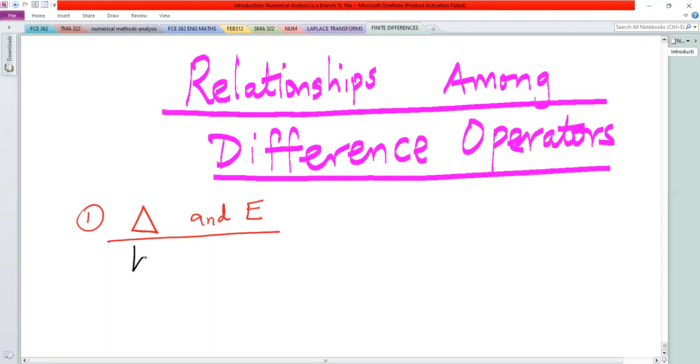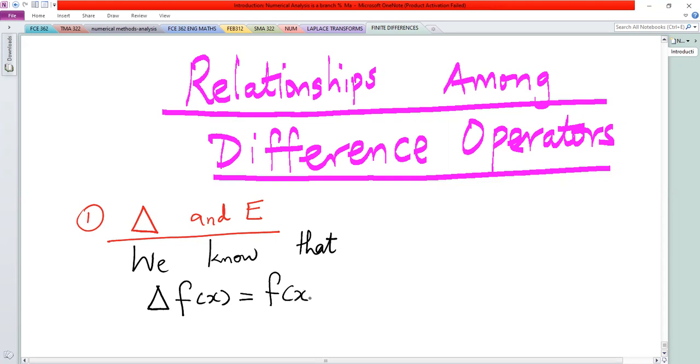So we know that the forward operator of f of x is given by f of x plus h minus f of x.